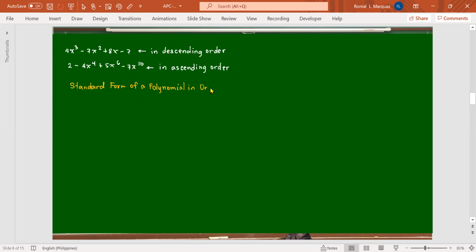In one variable. Okay? So this is the standard form. We begin with a sub n and then x to the n. A sub n is the numerical coefficient. N is the exponent, the degree of this polynomial.